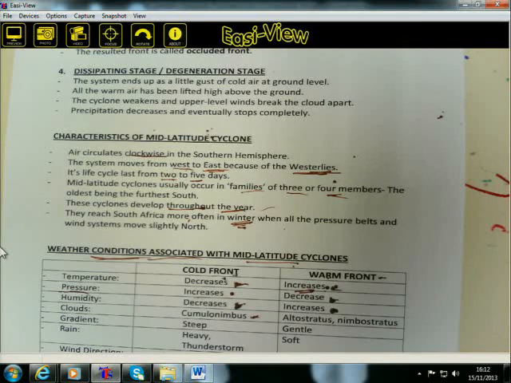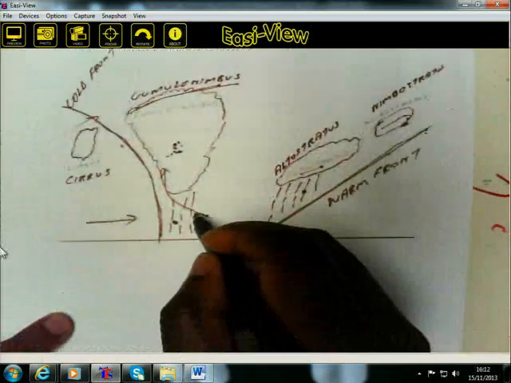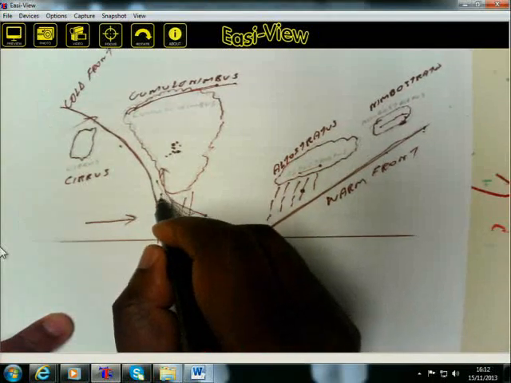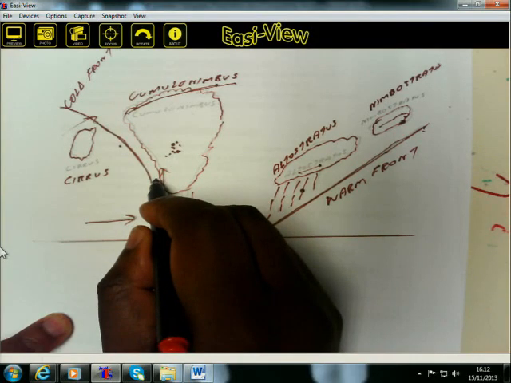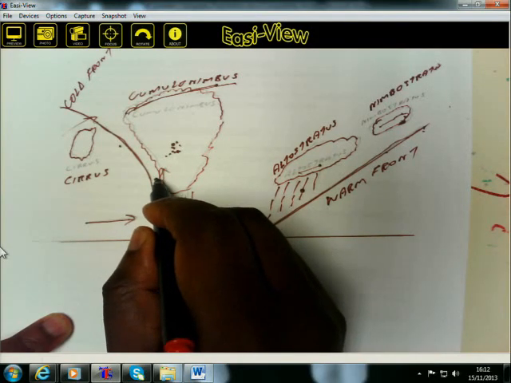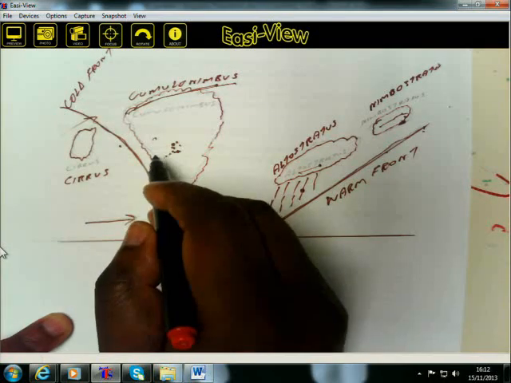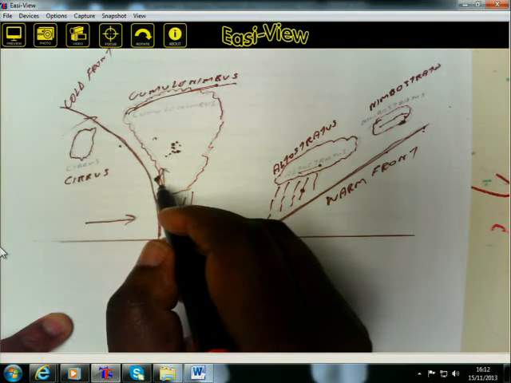Why? Because there is a rapid rising of warm air, and then the formation of the clouds is very intense where the cold front is found.